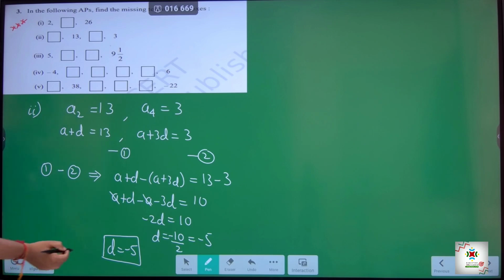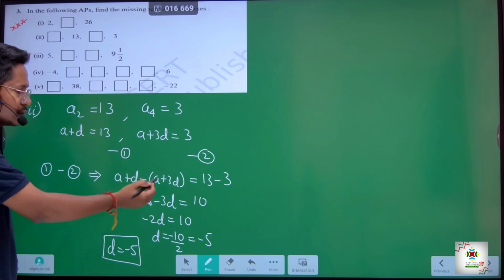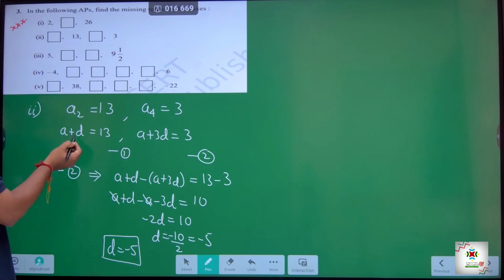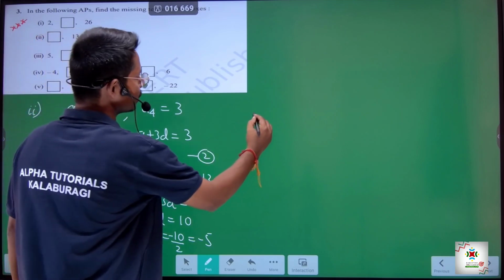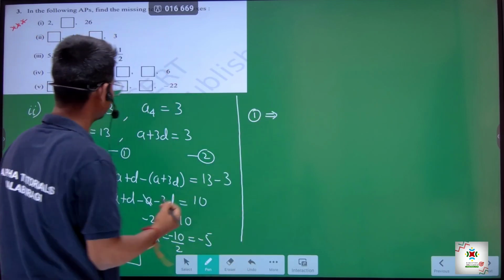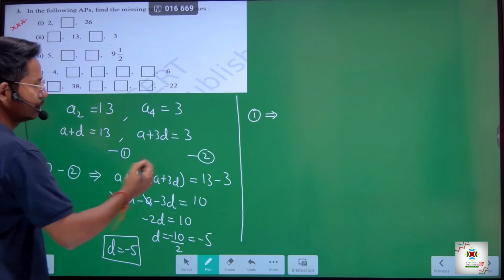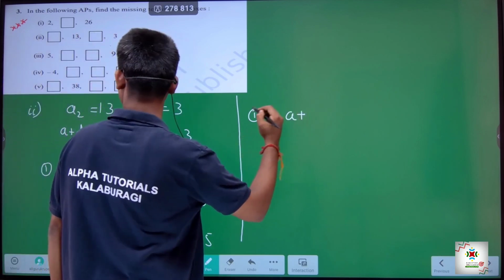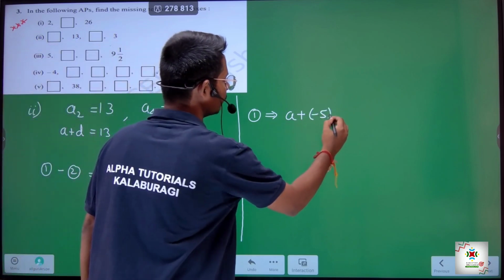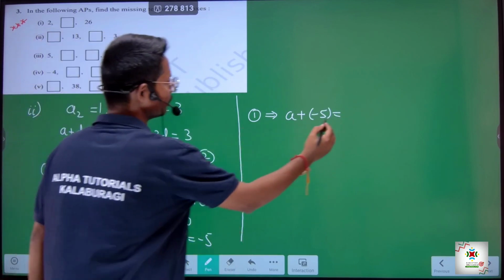Now once we get D, we also need to find A. So you can use this D value in order to find the A value. Shall I use equation 1? So in equation 1, A plus D, with the D value we just got, minus 5, is equal to 13.